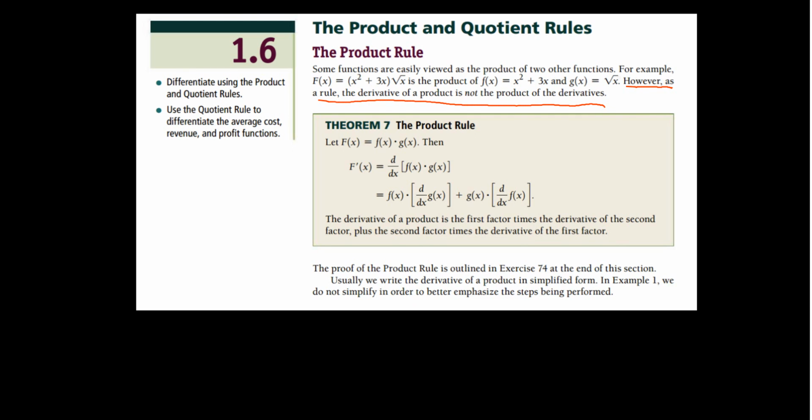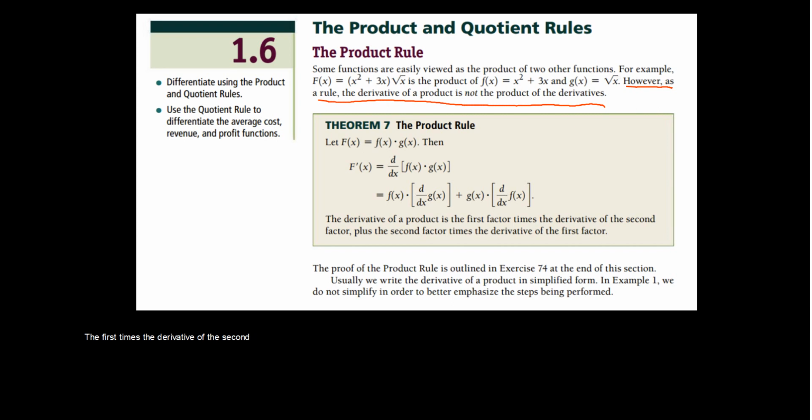Okay, let's try this again. Do we change the color back? Okay, white. The first times the, I lost my mind, derivative of the second. All right, let's see if we can make this a little bit larger. So what I'm doing here is not necessarily a mnemonic device, but it's what I use.